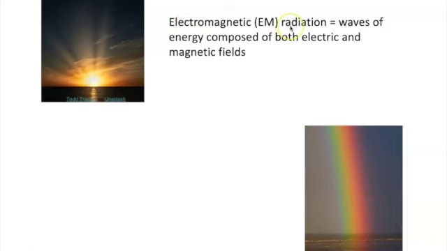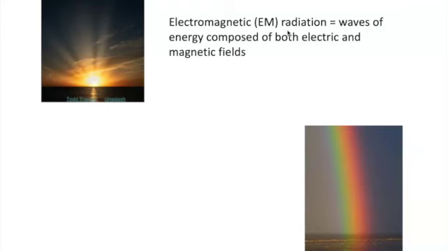Electromagnetic radiation, which is the majority of radiation that we have in our daily lives, including coming from sunlight, is any wave of energy. It is called electromagnetic because it can be electric or magnetic. This is any energy that radiates from a source, so it's called radiation because it comes out from a central source and moves outward.